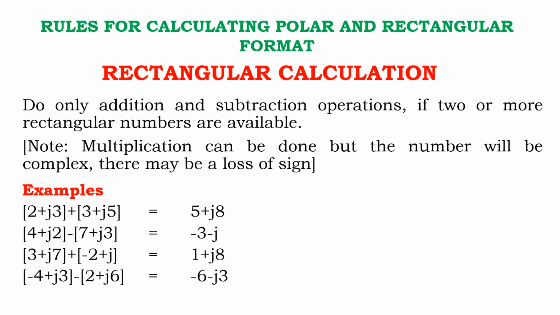Multiplication and division are very complicated in rectangular format. We can still do them, but in the case of division you have to take a complex conjugate and you will get a lengthy equation. So rather, do only addition and subtraction in rectangular.